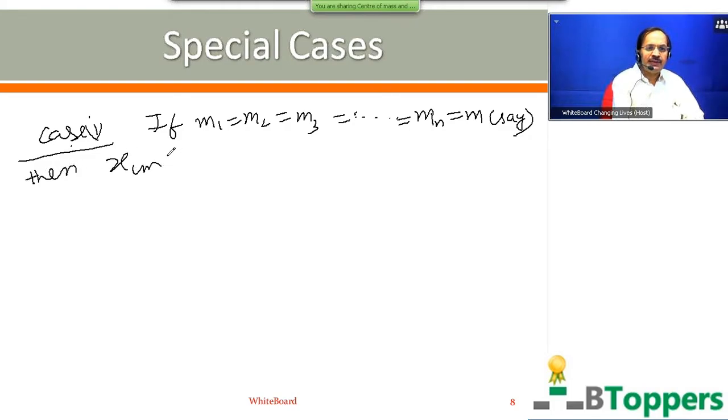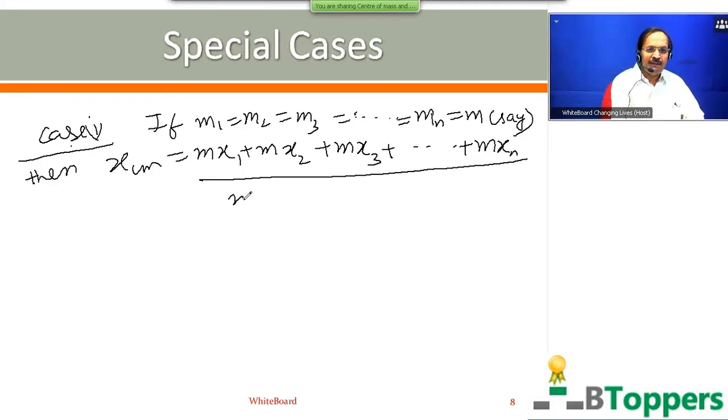The x coordinate of center of mass equals M1 x1, that is m into x1, plus M2 x2, that is m into x2, plus M3 x3, where M3 is also equal to m, etc., up to Mn xn, where Mn is also equal to m, divided by M1, that is m, plus M2 plus M3 up to Mn.